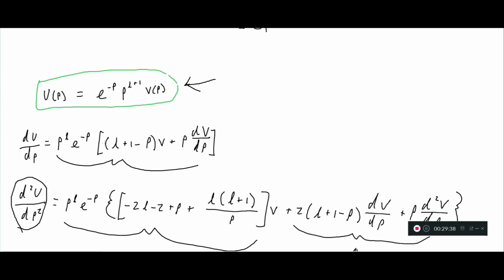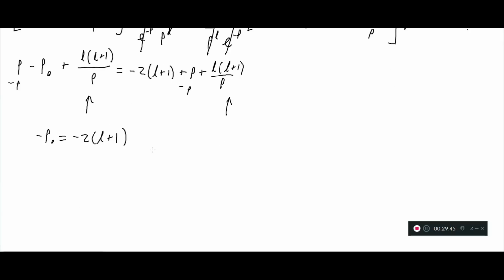It sort of goes right from this point here, and then kind of goes right, well, it even goes past this point here, and then just gives us the rho d square v over d rho square plus 2l plus 1 minus rho dv over d rho.